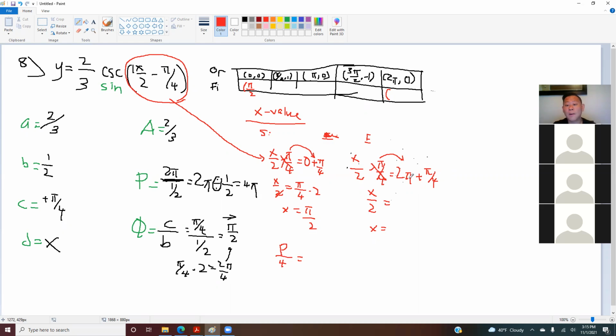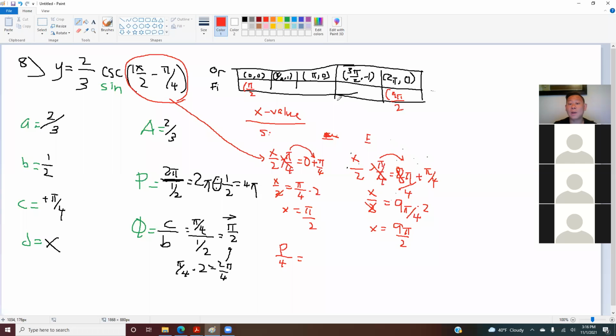So this will become 8 pi over 4, right? Because 2 pi is 8 pi over 4, so this is actually 9 pi over 4. Yep, that is correct. And then we multiply by 2 so that this is gone. So this is 9 pi over 2, so it ends at 9 pi over 2.